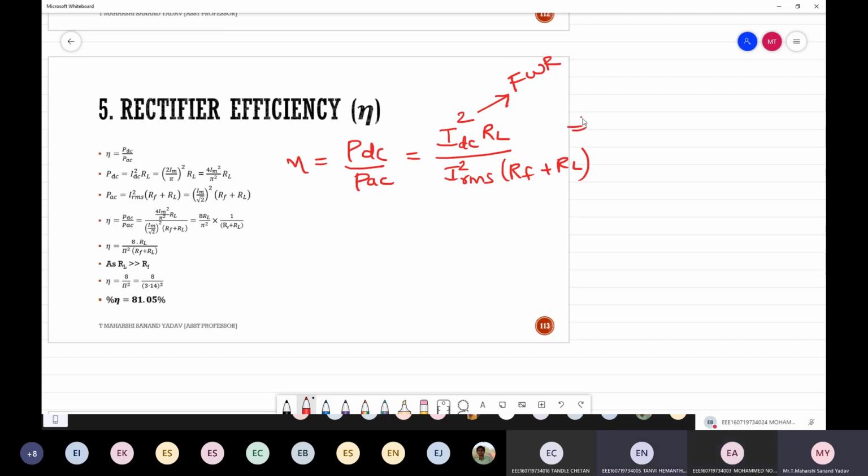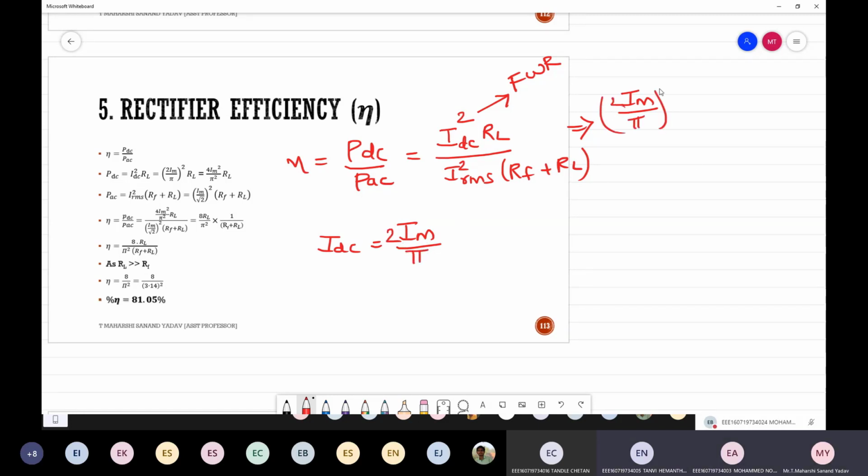So how much did you get for IDC? Only tell me the value of IDC. IDC is IM by? 2 IM by pi.